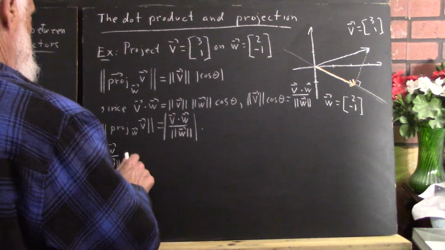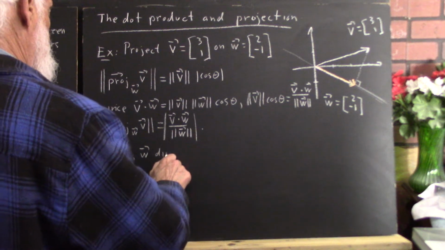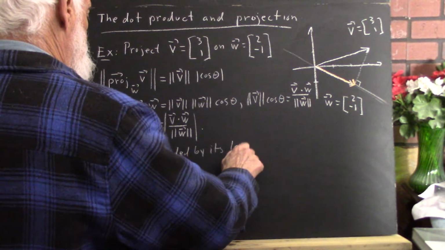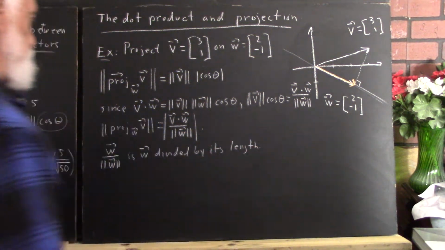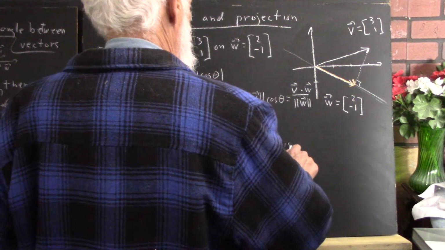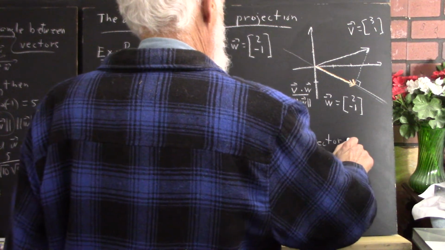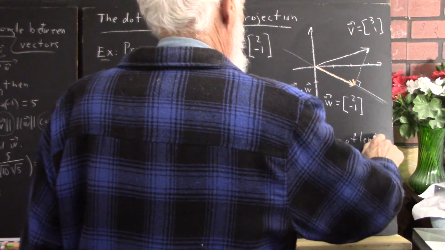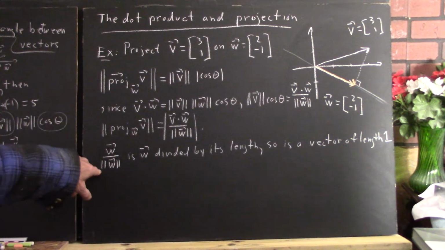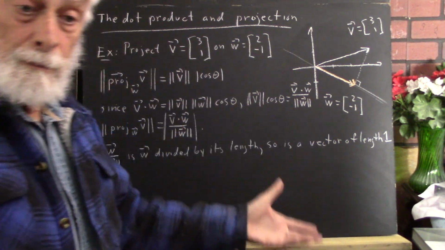So I'm going to say then that w divided by its magnitude is w divided by its length, so it's a vector of length 1.